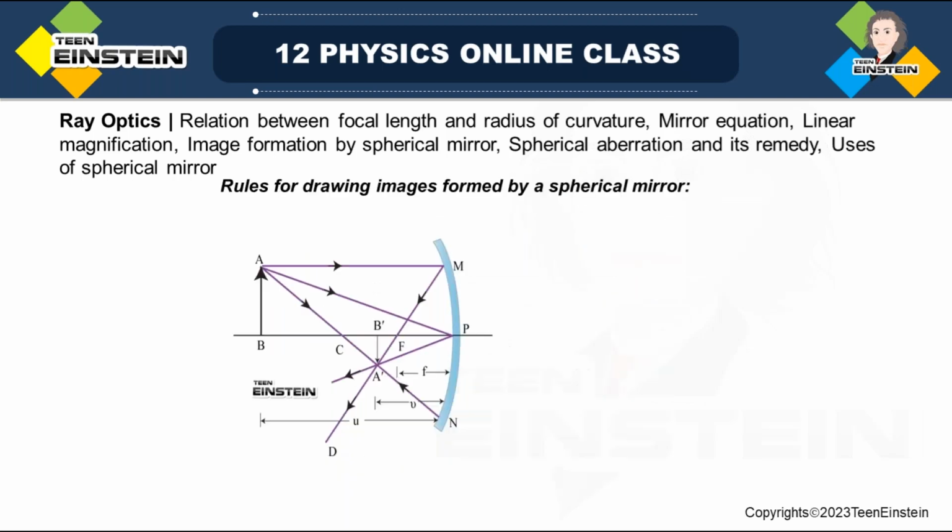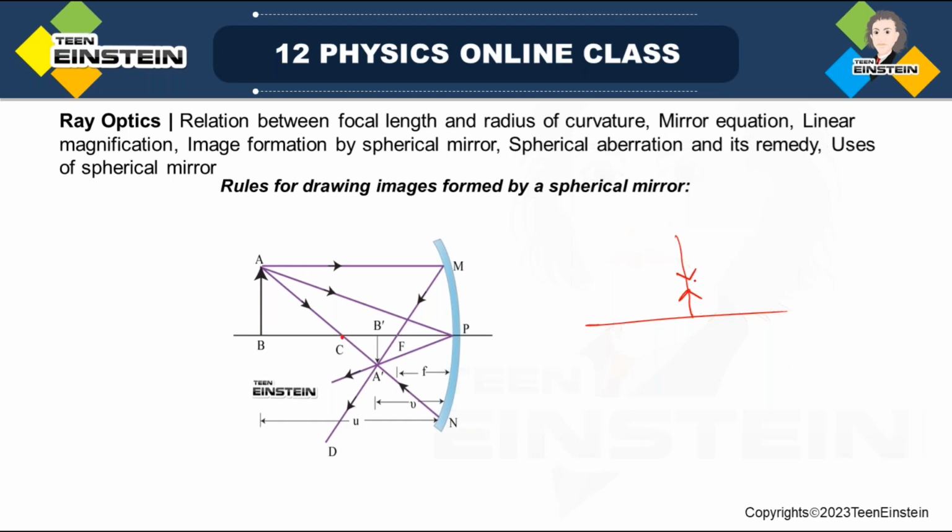When a ray passes through the center of curvature, it will be retraced. That means in case of plane mirror, when the ray is coming through the normal, it is going back like that. So this is retracing.